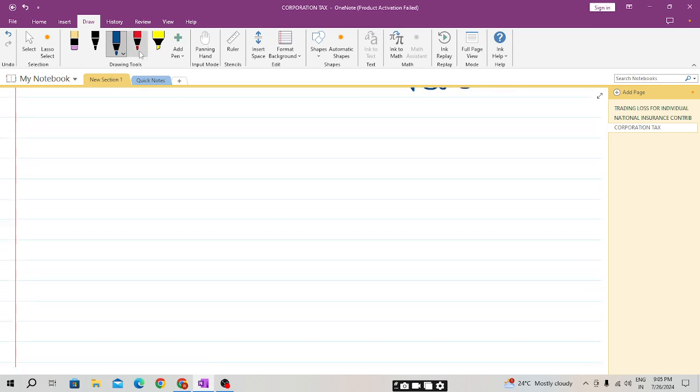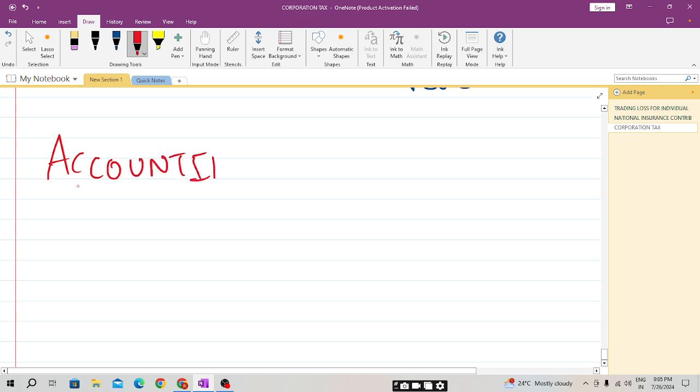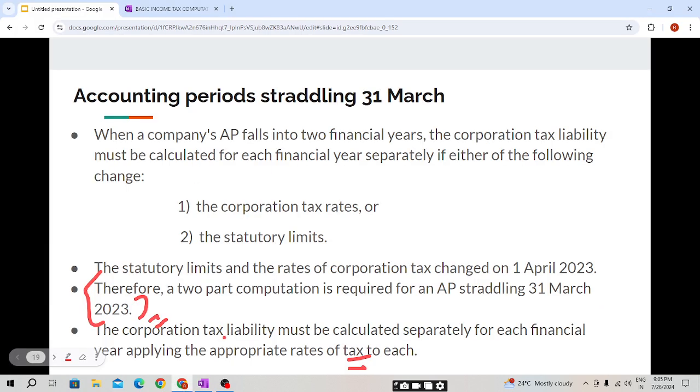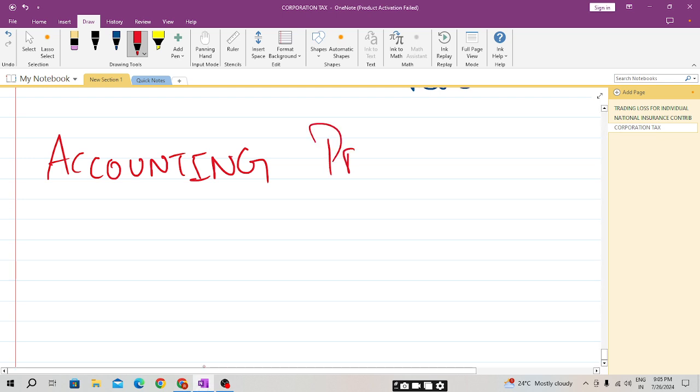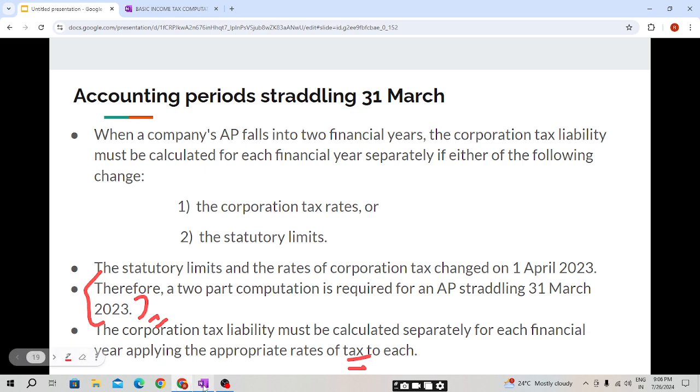Coming to this case, accounting period straddling.